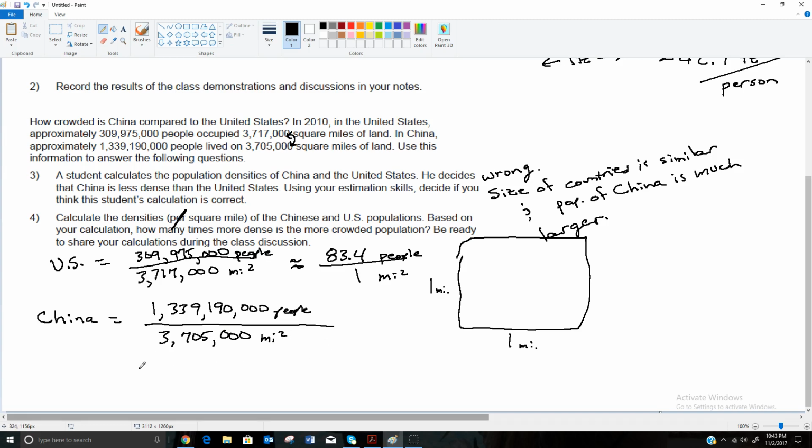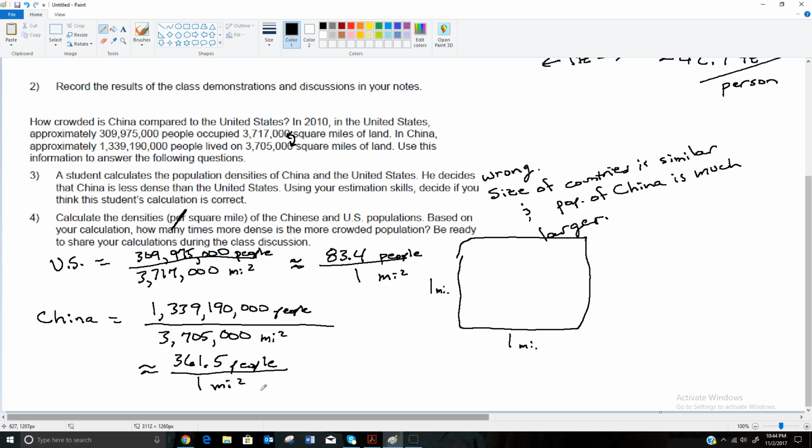So if I divide that, I get 1,339,190,000 divided by 3,705,000. We get about 361.5 people for every square mile.